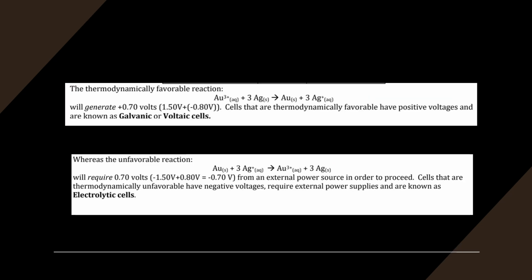The thermodynamically favorable reaction will generate 0.70 volts. Cells that are thermodynamically favorable have positive voltages and are known as galvanic or voltaic cells. So that's some terminology there. This is how you would get it right here: 1.50 plus the negative 0.80.